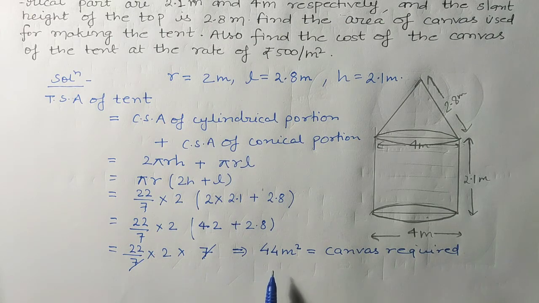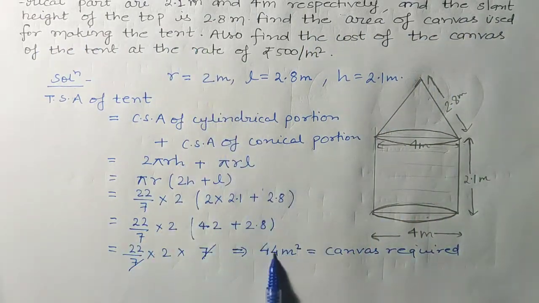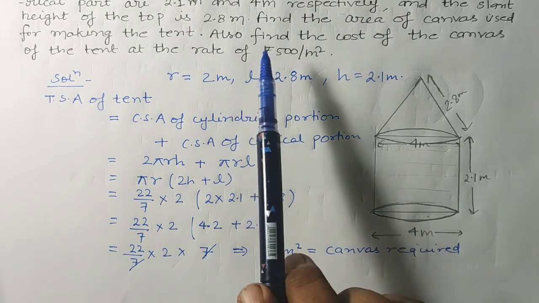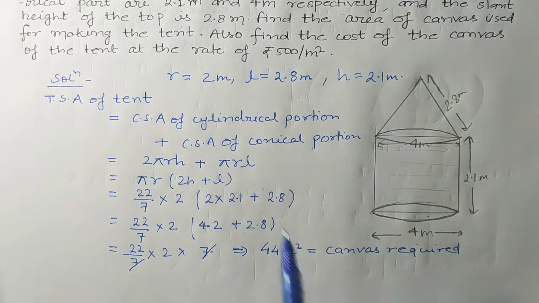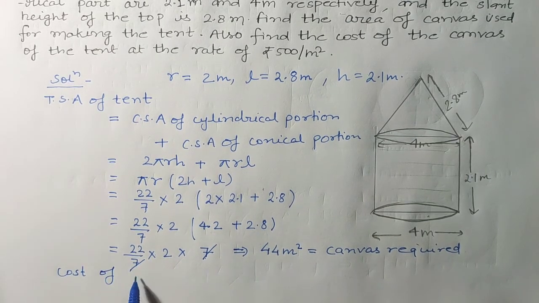Okay students, so this is the answer to this question: the area of the canvas used for making the tent is 44 meter square. Now one more part is there in this question, that is to also find the cost of the canvas. So here we are going to find the cost of the canvas.